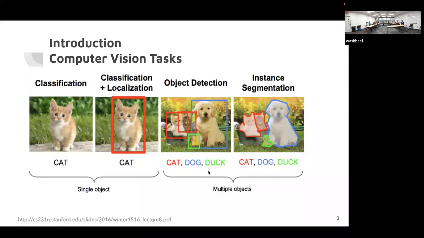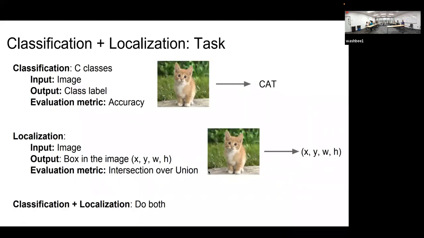It's just cute. The first one is classification, then classification and localization, object detection, and instance segmentation, which most of you are familiar with. But here we are going to discuss object detection, and for a start, we will talk about classification and localization. In classification and localization, we need to localize where the objects are and then classify the object.